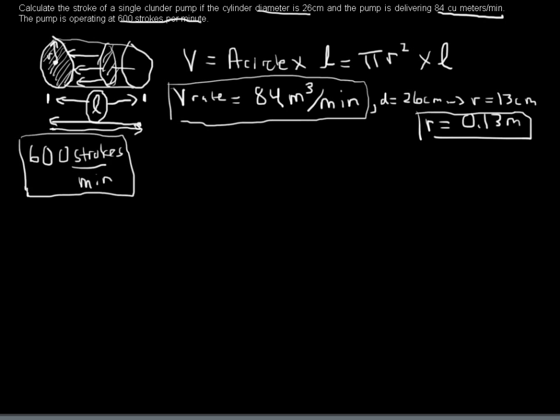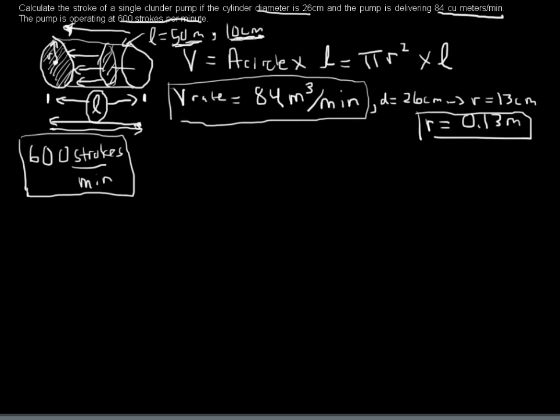Because I can give you something like this and just tell you, hey, this is going back and forth 600 times per minute. But if you don't have any dimensions, like if I don't tell you the stroke is 50 meters, that's kind of exaggerated, or 10 centimeters, it really matters, because you're pushing way more fluid out every minute with the longer stroke, whereas with 10 centimeters it's a lot less.